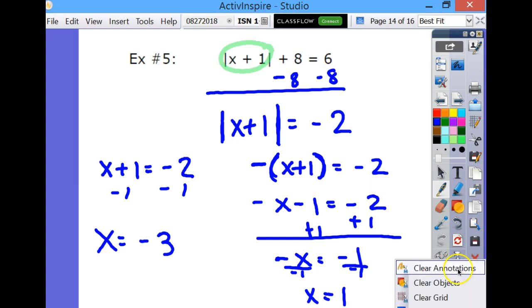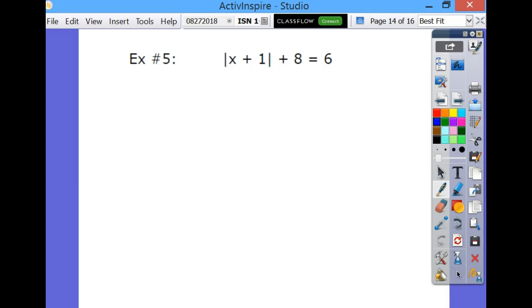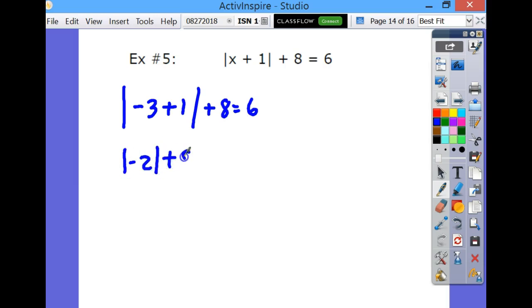So let's check. If you don't have room to fit in the check on your paper, just look up here. What was my first answer? And so when I add that together, what does the absolute value do to a negative 2?